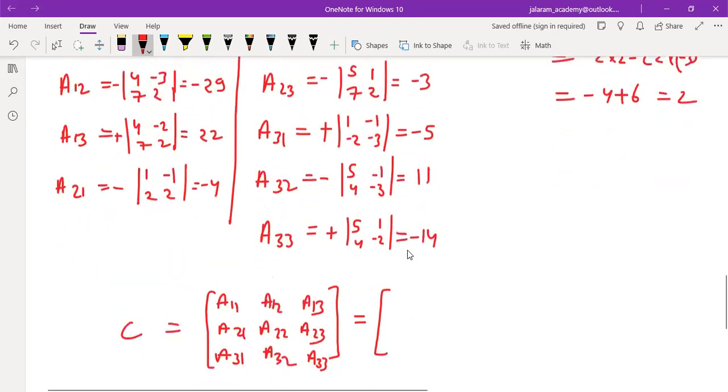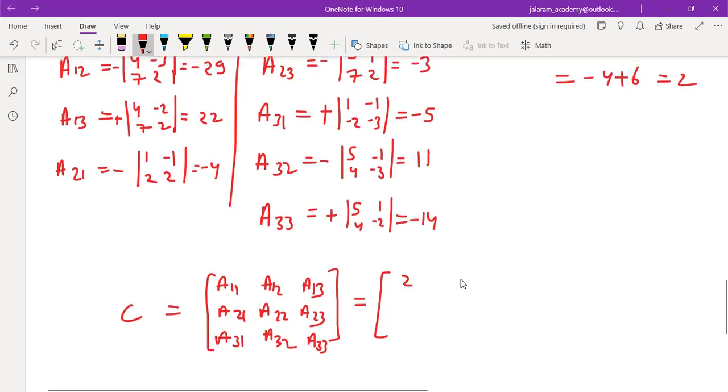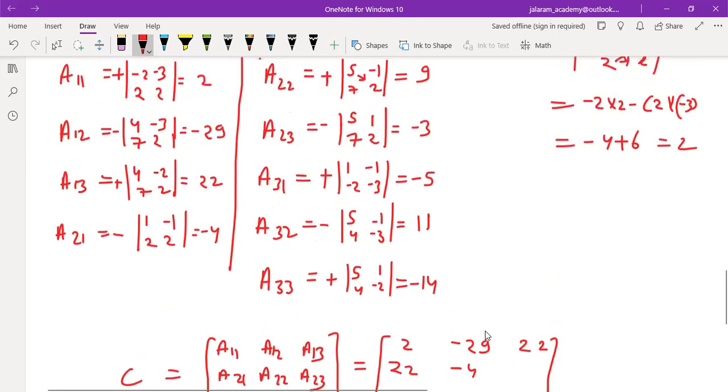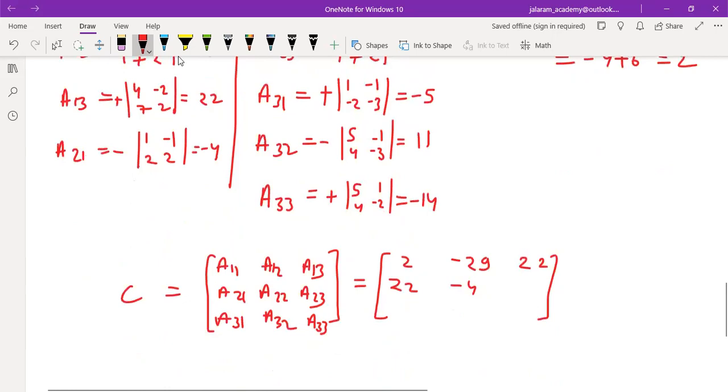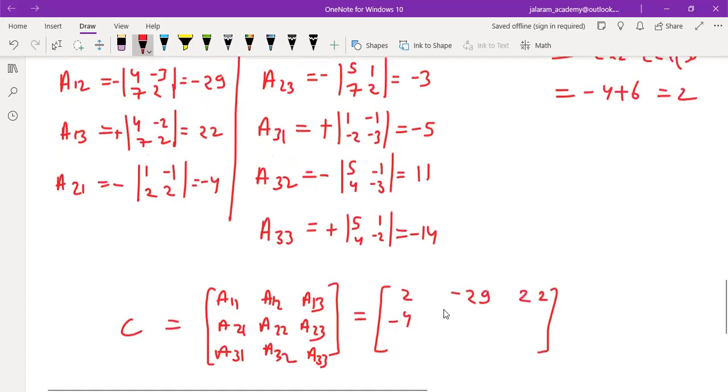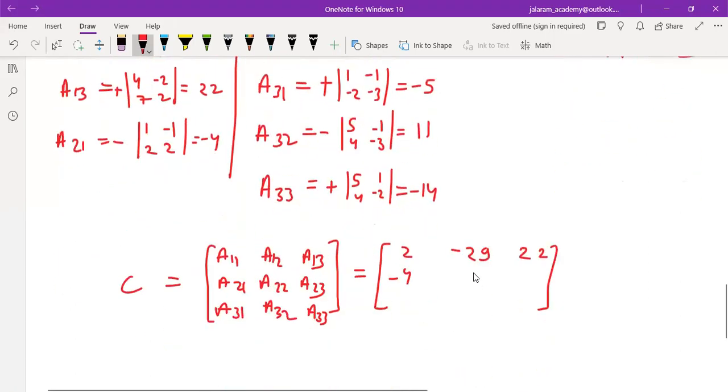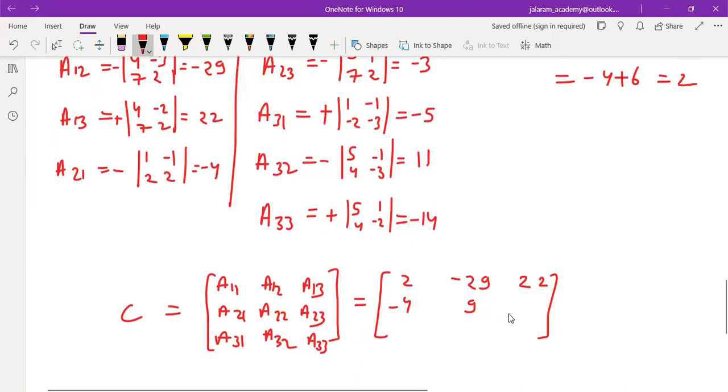So A11 is 2, minus 29, 22. Second row is minus 4, 9, minus 3.